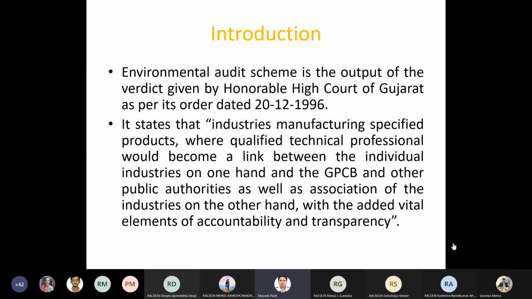Before we start with the actual presentation, I would like to know how many of you have any idea related to the environmental auditor scheme of the Honorable High Court of Gujarat. If you have any idea related to environmental audit, you can type your response in the chat window.